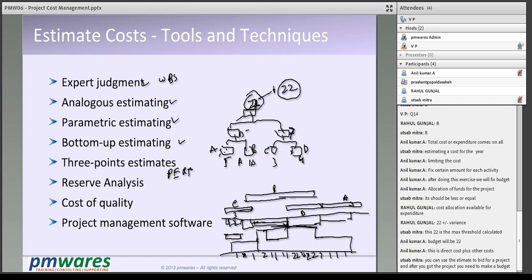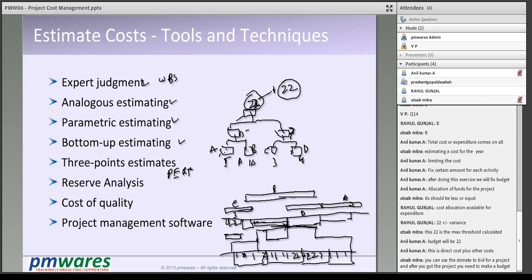So what is my budget? If I say first week I will spend this much, second week I will spend this much, third week I will spend this much, fourth week I will spend this much. Right? And this is called the budget. How I am going to spend my money over the time is called budget.